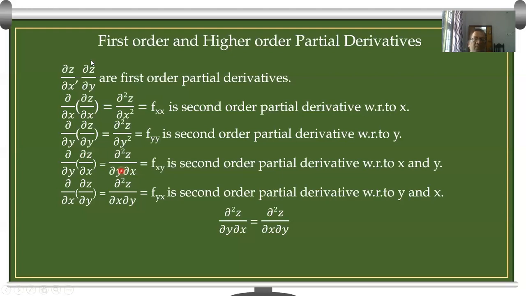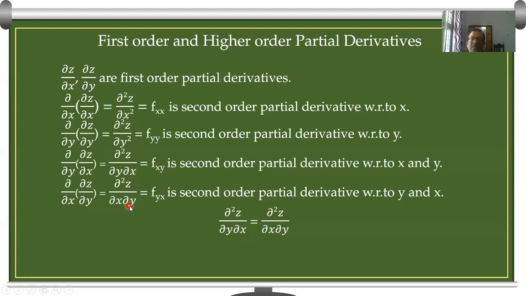Now for dou z by dou y, the partial derivative with respect to y gives dou squared z by dou y square, called the second order partial derivative with respect to y. And if you operate the partial derivative with respect to x on dou z by dou y, that is dou by dou x of dou z by dou y, it is equal to dou squared z by dou x dou y.